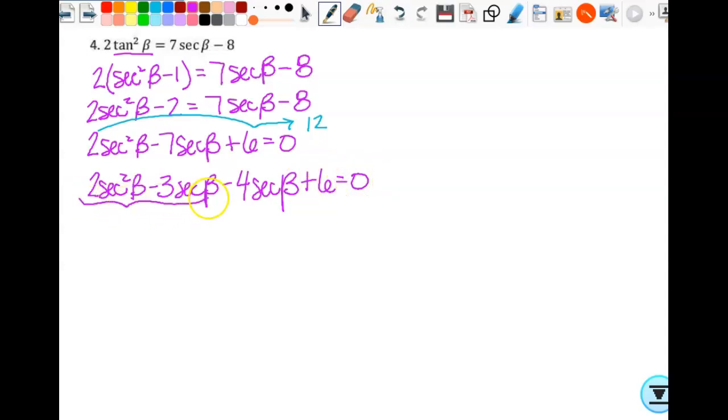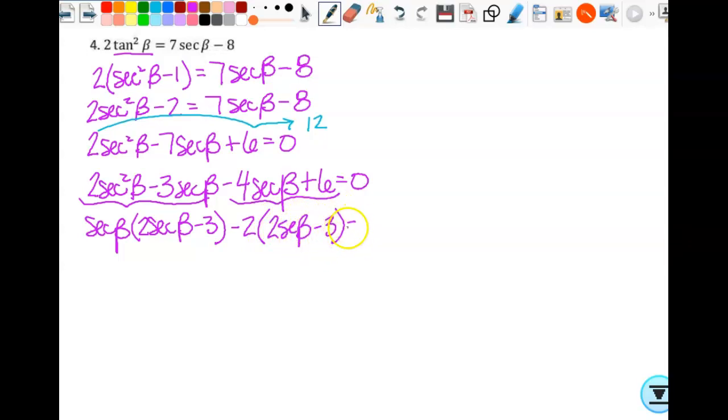Then I factor by grouping, and I will get secant beta times 2 secant beta minus 3. Out of these two, I can factor out a negative 2. And that leaves me with 2 secant beta minus 3 equals 0.